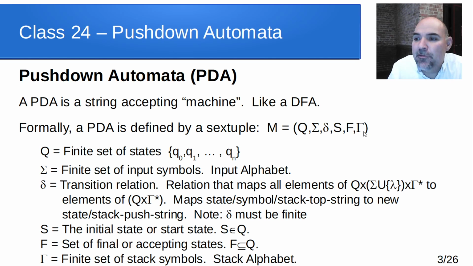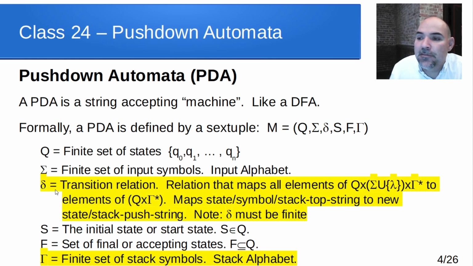So let's look at the individual pieces. All of the parts are the same as a DFA except for two. And the two things that are different are this gamma and the way the transition function works. So the first difference is that delta, which was the transition function with DFAs, is now a transition relation.